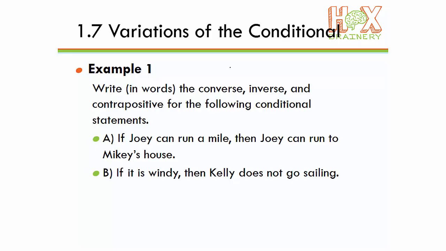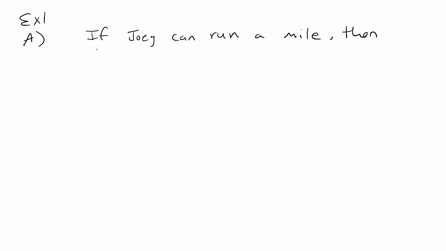Example 1. Write in words the converse, the inverse, and the contrapositive for the following conditional statements. For part A, we have, if Joey can run a mile, then Joey can run to Mikey's house. I'm going to copy that over so I have a little bit more room here. If Joey can run a mile, then Joey can run to Mikey's house.